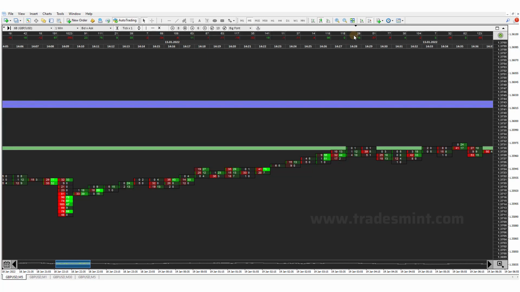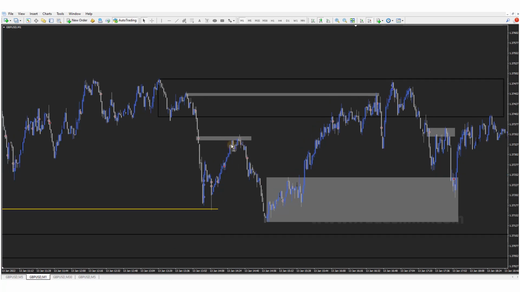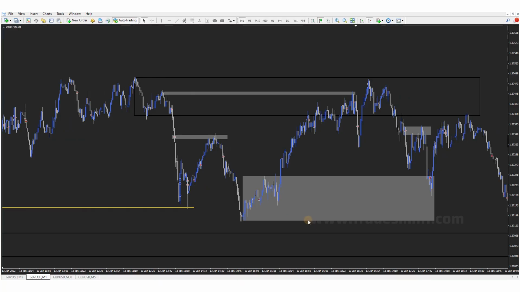Way lower volume. So we could join just on this retest. Just don't wait too long, and it played perfectly. And this is about marking these imbalances horizontally.